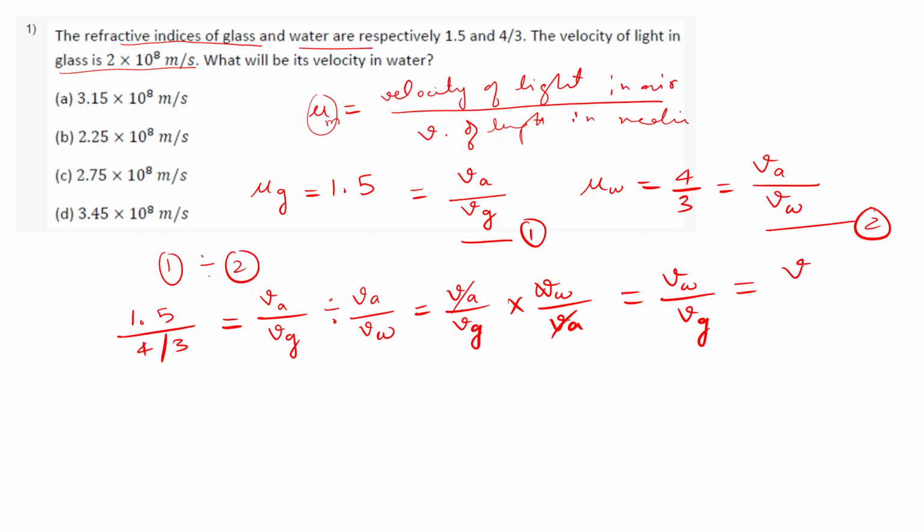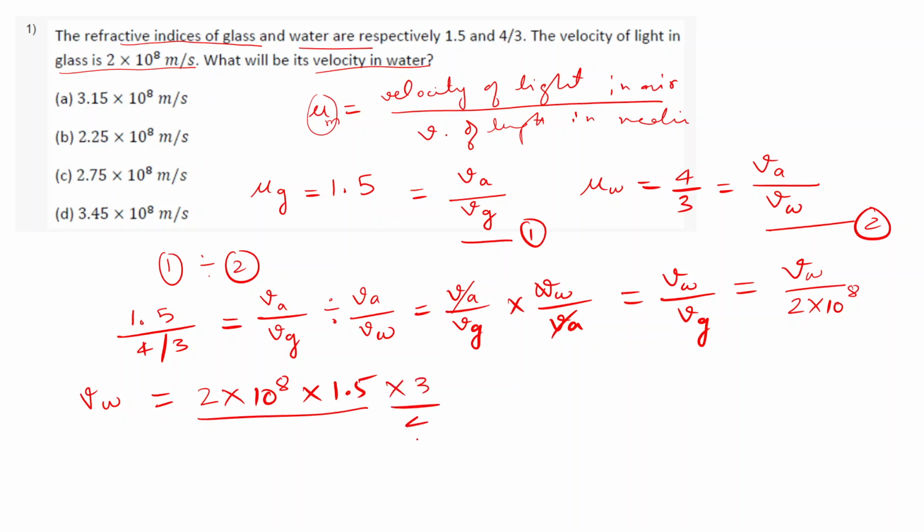Now I need to find the velocity in water, that is unknown, but the velocity in glass is known, which is given to be 2 into 10 to the power 8 meter per second. Okay, so the velocity of light in water will be 2 into 10 to the power 8 into 1.5 divided by 4 by 3, meaning 3 by 4.